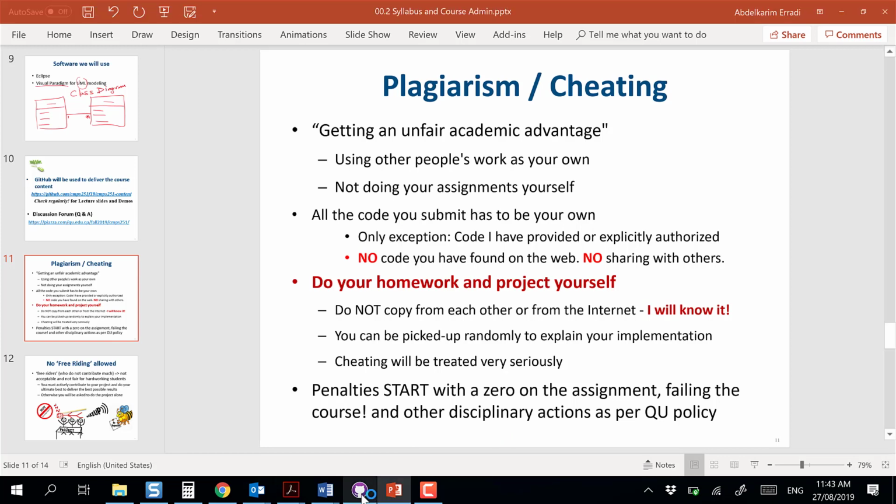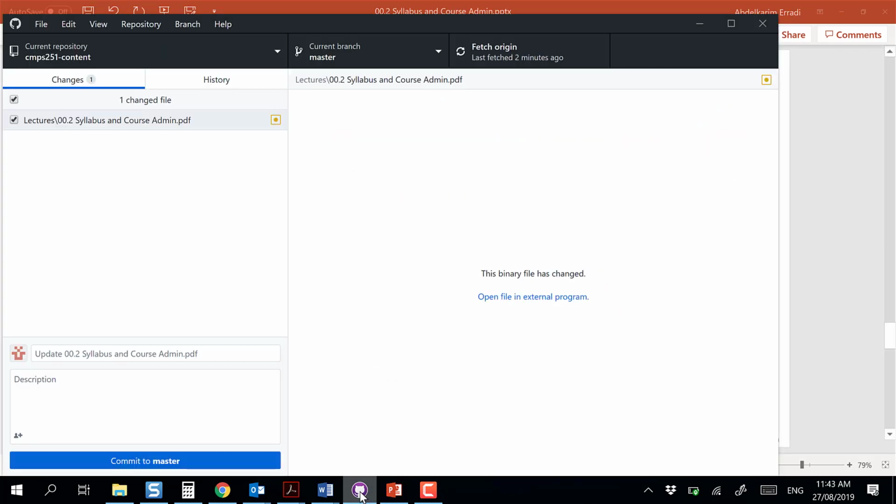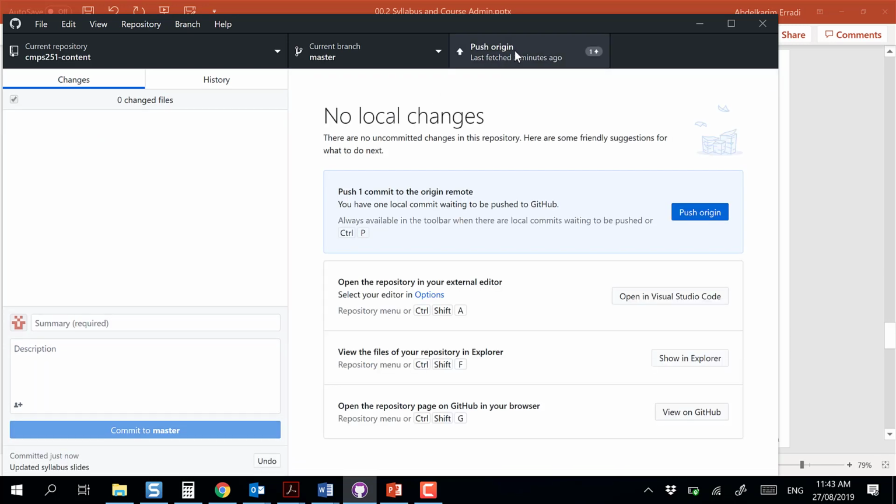Once I am done, when I go to this little program here, it detects that there is a change. One of the files in my folder has changed. And then all I do, I put some comments here: updated syllabus slides. I comment, and then I push. You can see here, push. I push it to GitHub. And you, using your little tool, you will do sync to get it. You see the idea?